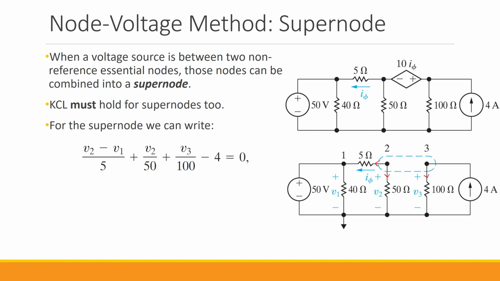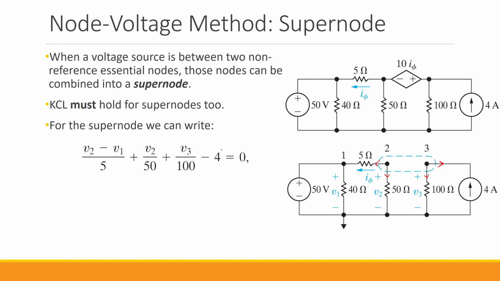The current that leaves node 3 and goes through this 100 ohm is V3 over 100. And the current that leaves node 3 and goes through this independent 4 amp current source is negative 4. And we equal that to 0.